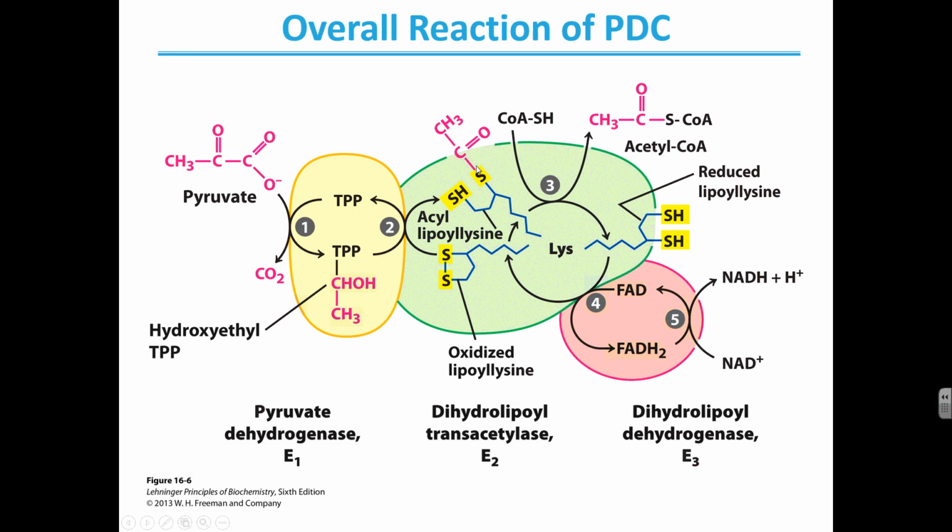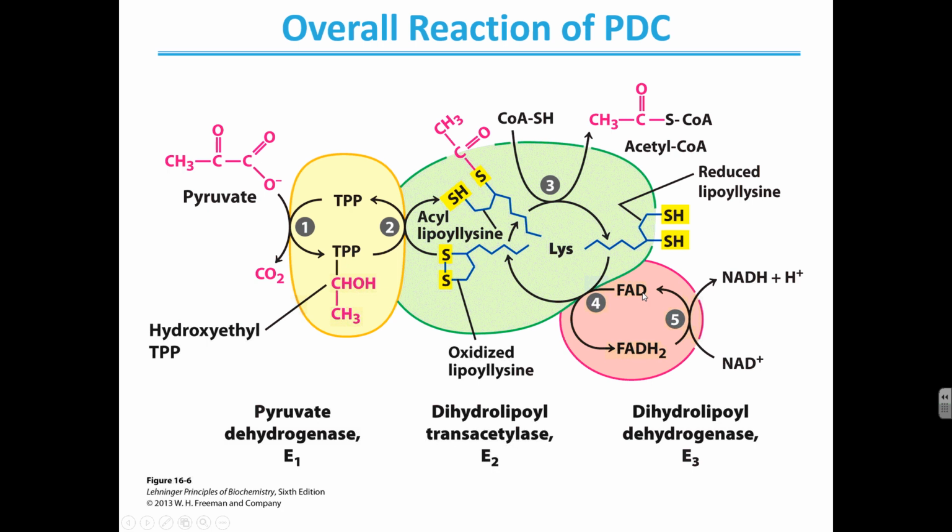So this is the reduced form of the lipoyl lysine residue. Now in enzyme 2, the CoA is going to come in. The CoA can pull that acetyl group off and form a high energy thioester bond here, releasing the now reduced lipoyl lysine residue. The reduced lipoyl lysine residue is now going to interact with enzyme 3.